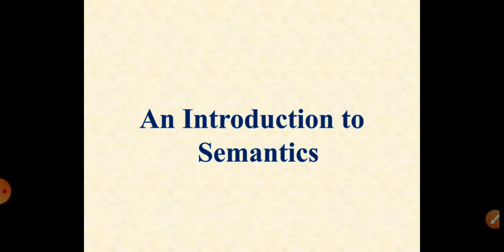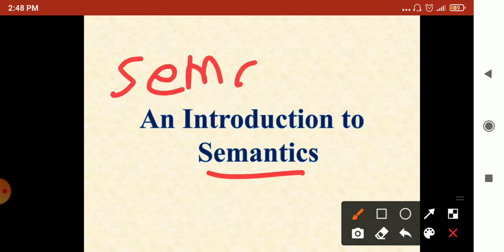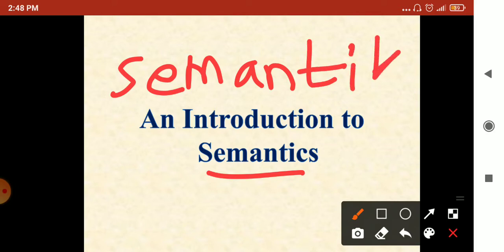Now, Introduction to Semantics. The word semantics originates from the ancient Greek word semantikos. So the word semantics comes from a Greek word semantikos. We will see the word towards the end of the PPT.